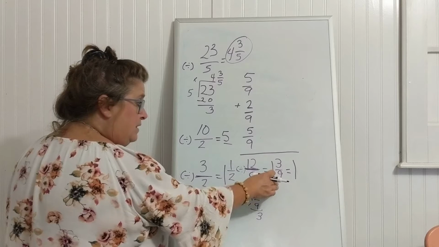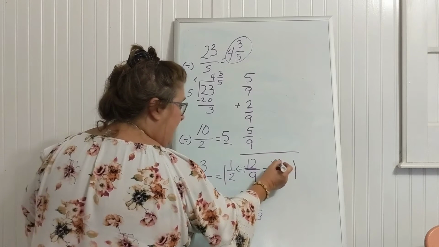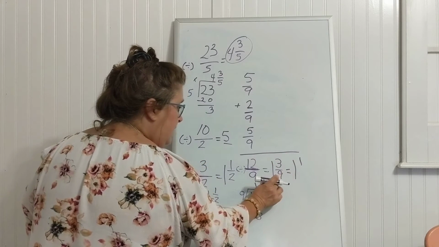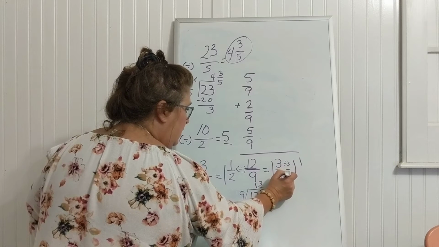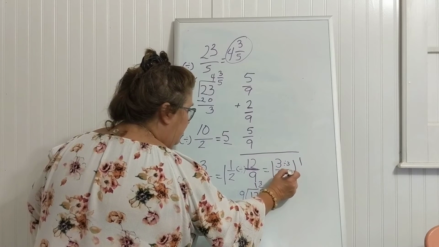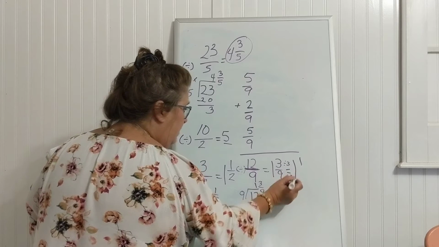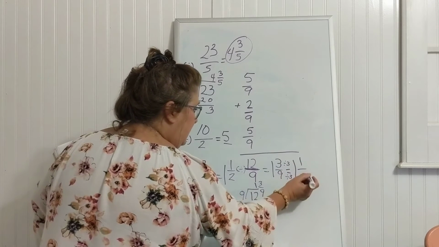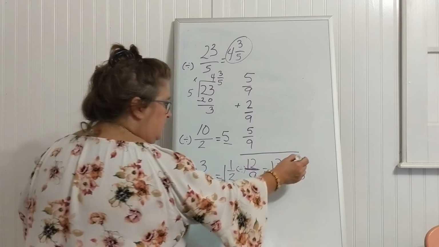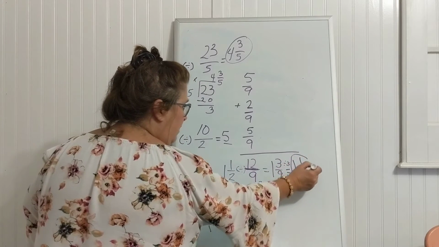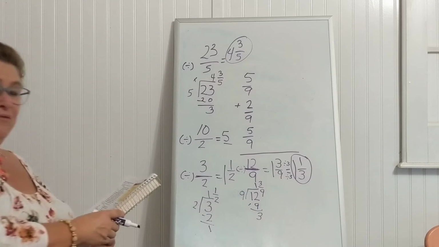So 3 is our greatest common factor. 3 divided by 3 is 1. 9 divided by 3 is 3. You can even write those in there if you need to. Remember, when we divide by 3 over 3, we're just dividing by 1. So 12/9 equals 1 and 1/3 in its lowest form.